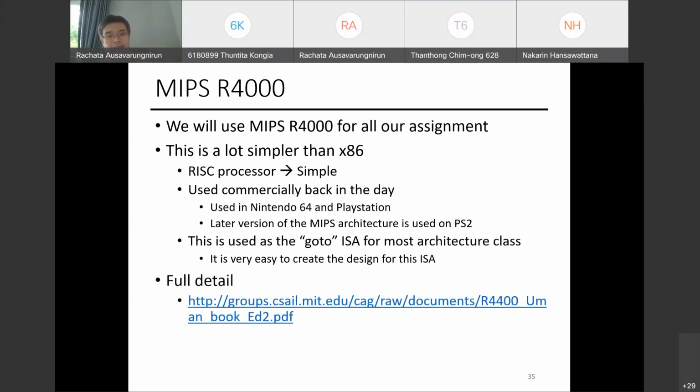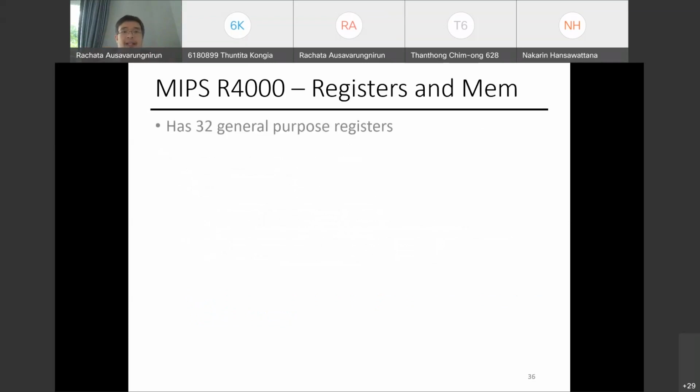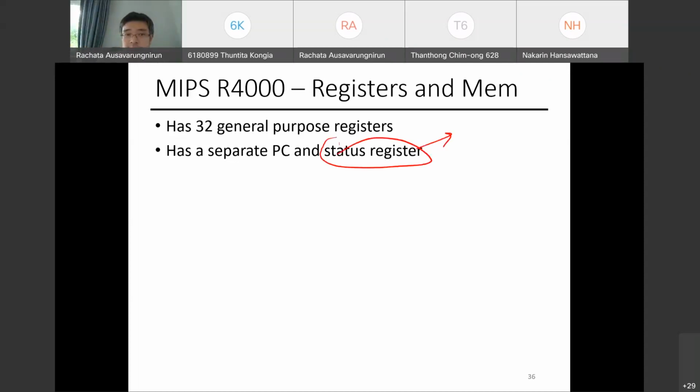The full details are available in this book. I believe the links still work, but here's the gist of it. It has 32 registers, with a separate program counter and a status register. The status register basically checks if the instruction result is things like zero, whether it carried the bit over, whether it is negative, and things like that, right?